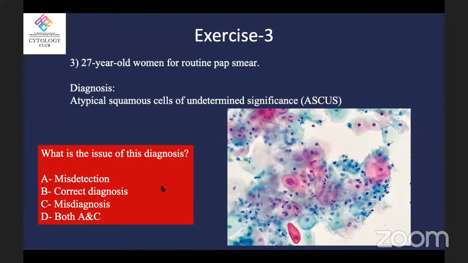Really, it's a little bit tricky. The majority chose B, correct diagnosis. Actually, the correct answer is both, where the cytoscreener missed detecting the Trichomonas. It is tricky, as we see here; it is full of Trichomonas in the background, but this one is clear here, and another one here. And these are the effects of Trichomonas, not the effects of HPV.